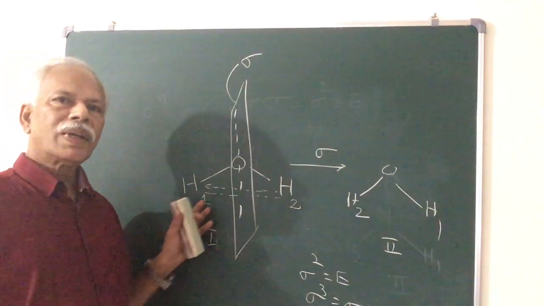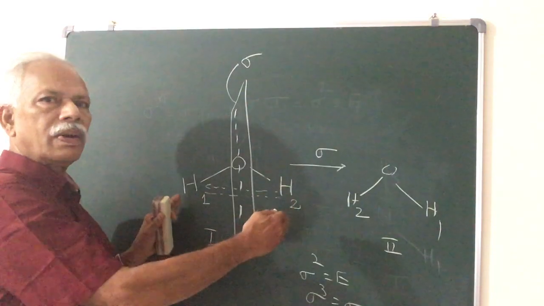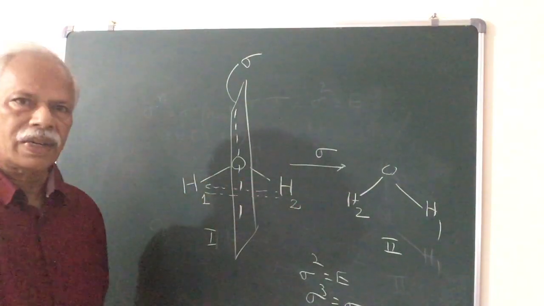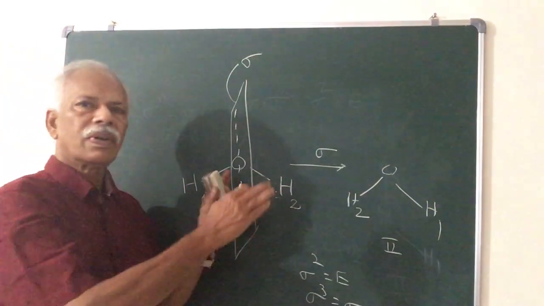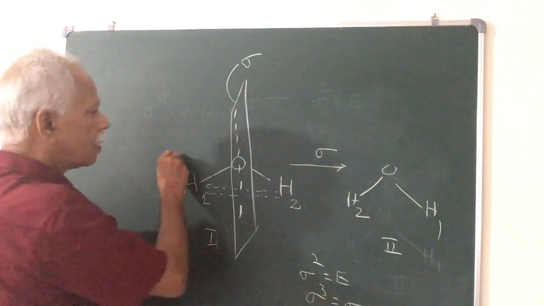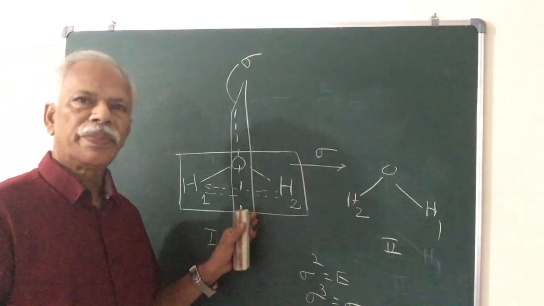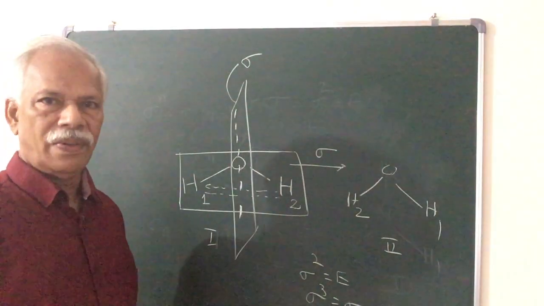Now, water is a planar molecule as well. The very plane of the board where I have drawn it, all the atoms completely flatly lie in it, and this is a plane of symmetry for water, the very molecular plane itself.